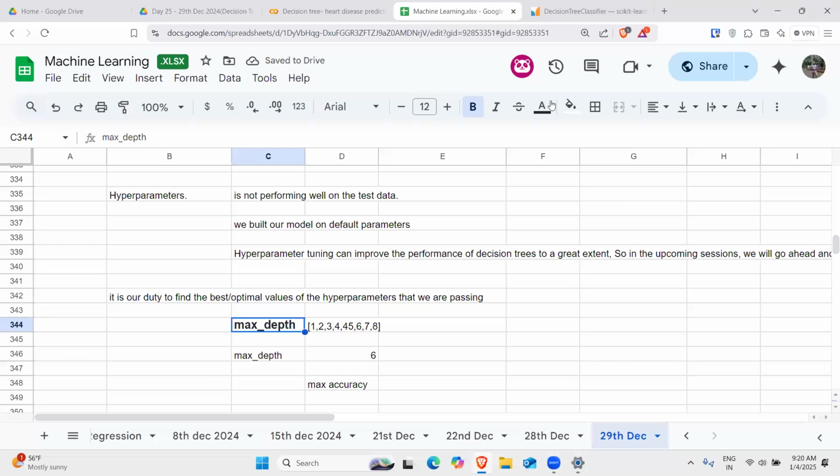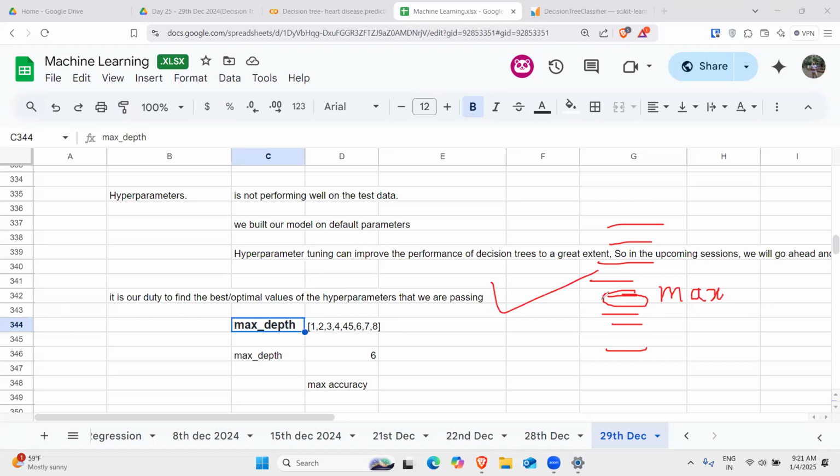This is very common sense: if I pass max depth equals to 1, I'll get some accuracy. If I pass max depth equals to 2, I'll get some accuracy. Similarly 3, 4, 5, 6, 7, 8, I'll get some accuracy for these values, right? And out of these accuracies, there will be one maximum accuracy. Yes or no?